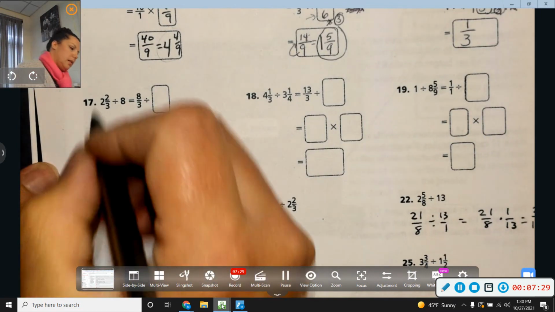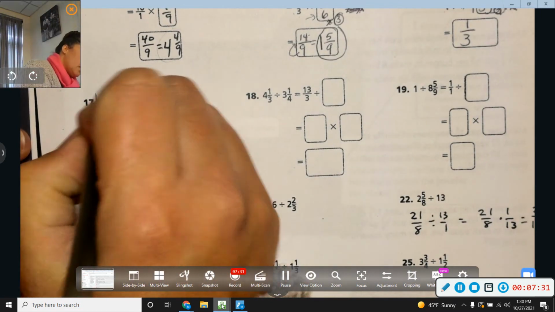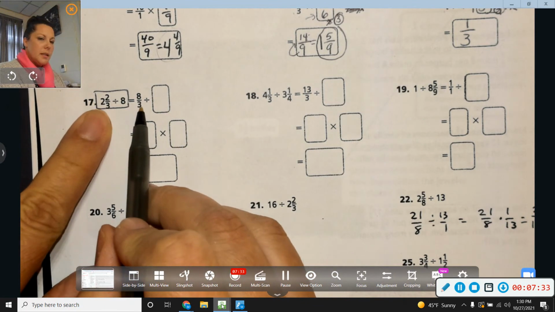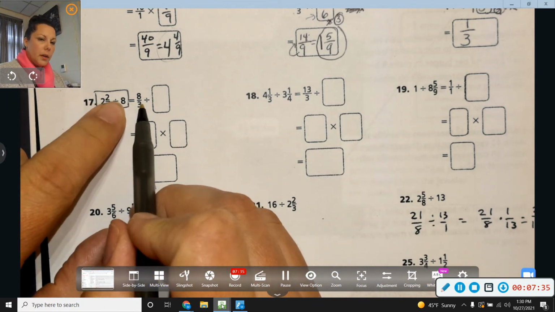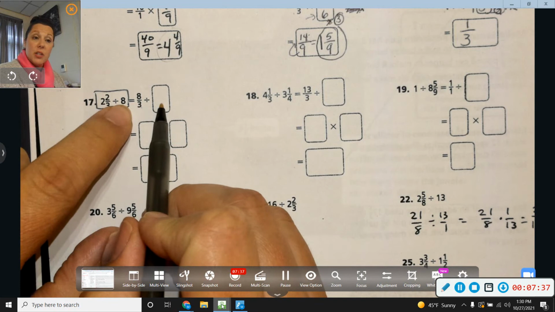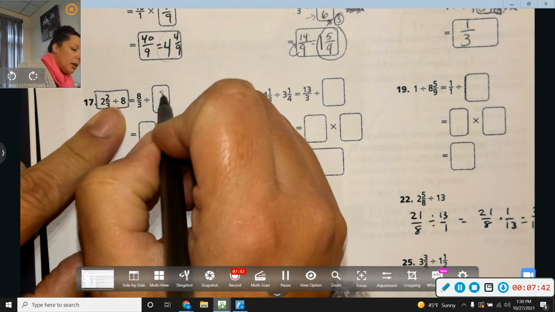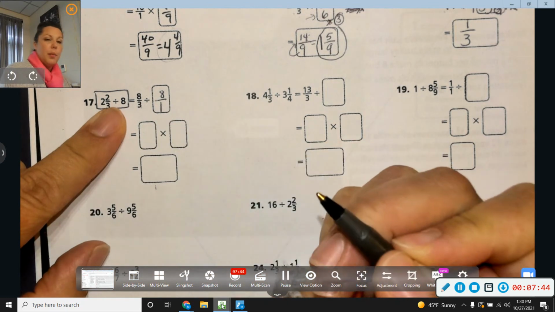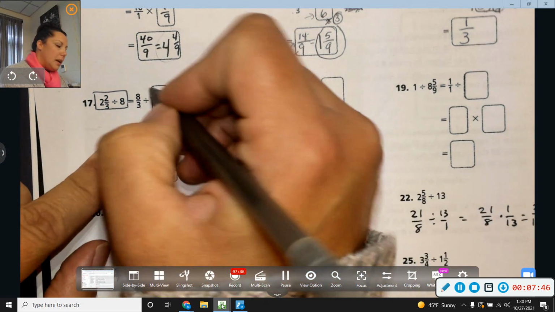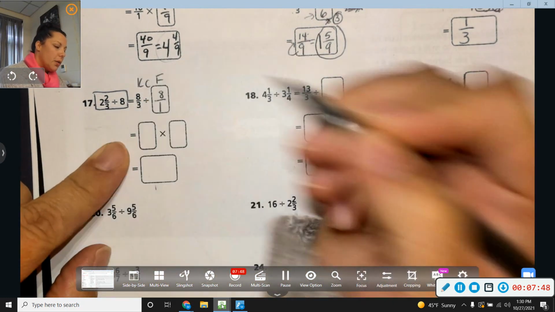17. This is the problem. This has been wheeled already for us. We keep our divide, so now we need to change our 8 into a fraction. If I'm changing a whole number into a fraction, I put it over 1. Now I keep, change, flip.